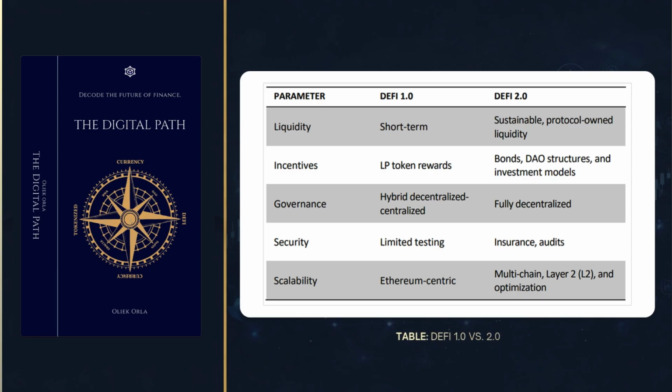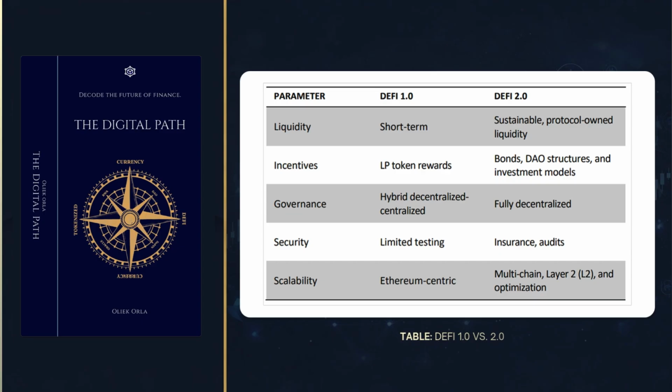The core focus areas of DeFi 2.0: 1. Sustainable liquidity. Early DeFi relied heavily on liquidity mining, where users quickly moved capital between protocols in search of short-term rewards. DeFi 2.0 introduces models where protocols own or control their liquidity, reducing dependence on external providers and creating long-term stability. 2.